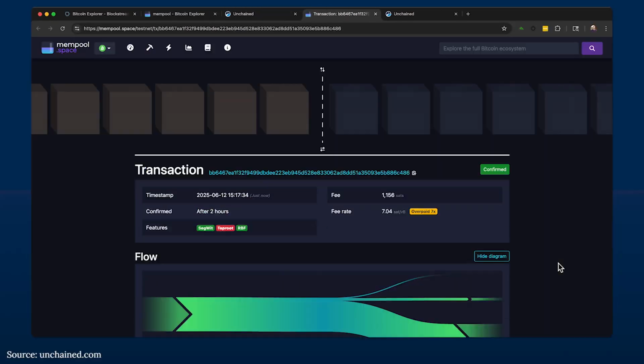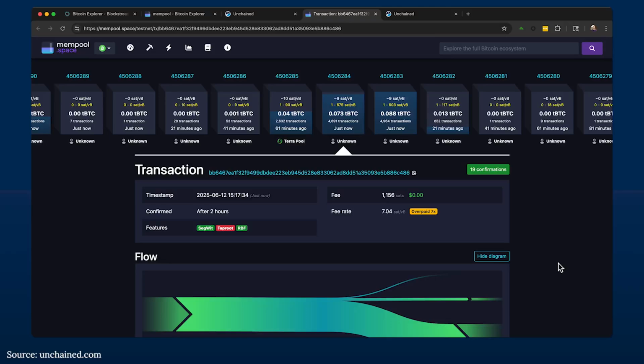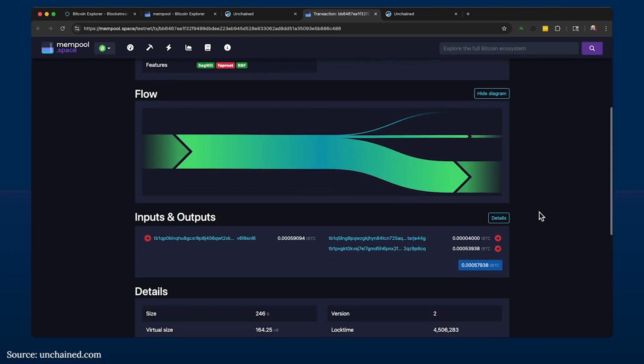If I want to see more details about one of the transactions that I've done in this vault, I could just click that link and it opens the transaction ID right in mempool.space. So I could see which block the transaction got mined and also all of the other details that I might be interested in.